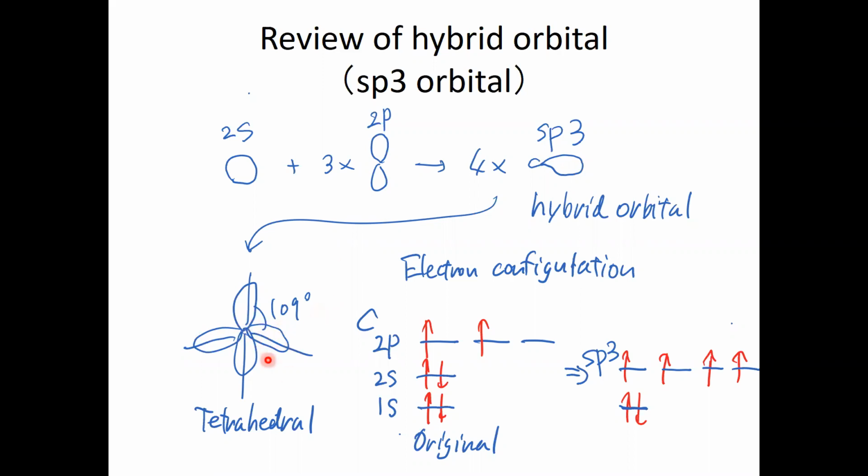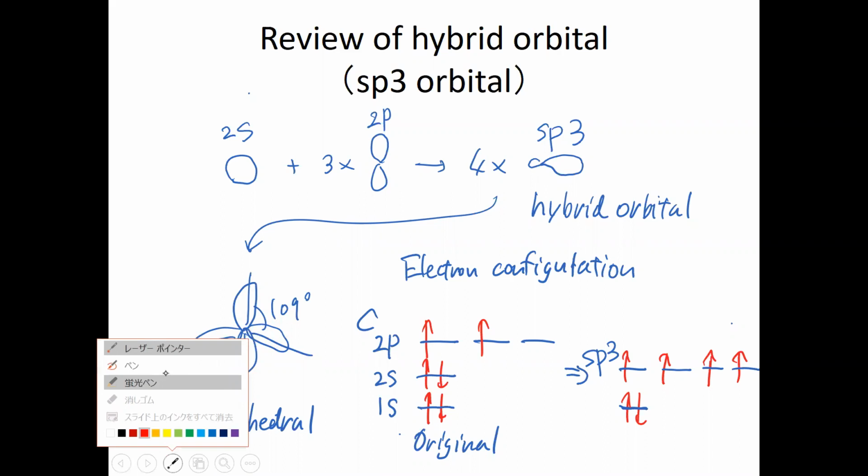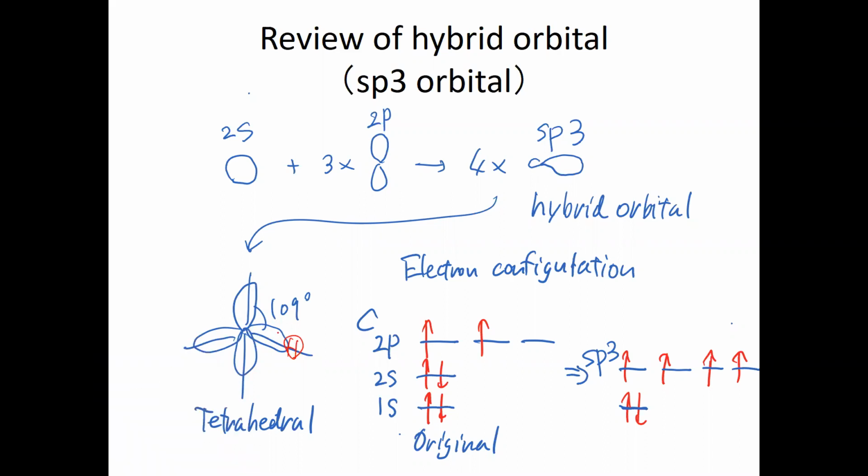In this case, the sp2 or sp3 orbitals are made because most likely 4 hydrogens are nearby. So this carbon wants to make bonds, shaping the molecule. That's why the electron cloud is a very flexible electron shape. It can be changed into 4 directions to make 4 bonds with hydrogen, for example.